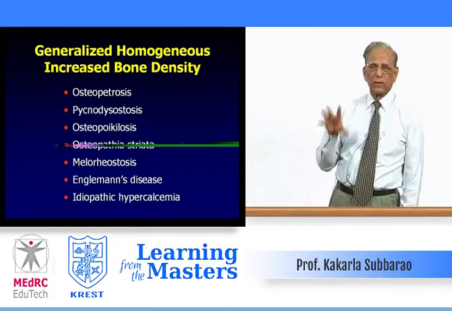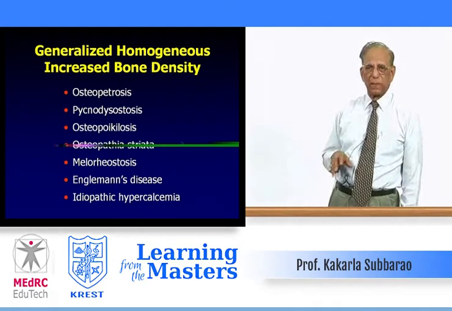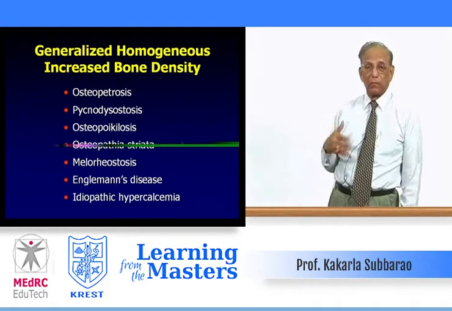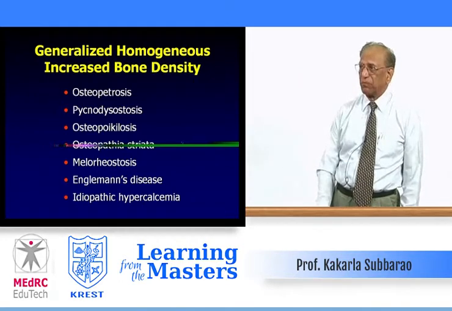Generalized homogeneous increase in bone density occurs in certain conditions: osteopetrosis or marble bone disease, pycnodysostosis, osteopathia striata, melorheostosis, Engelmann's disease, idiopathic hypercalcemia. There are others also, but these are the major entities.